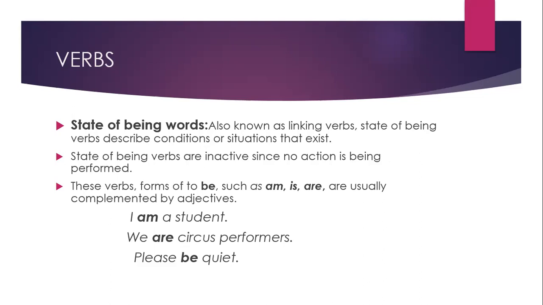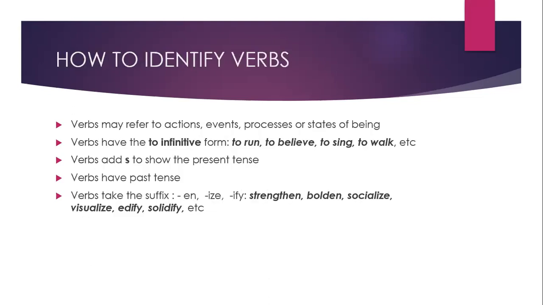So you can have am, is, are, were, was, have been, am being, has been. All these are linking verbs. You remember we talked about linking verbs in our discussion of complements. Yes. So linking verbs are state of being words.